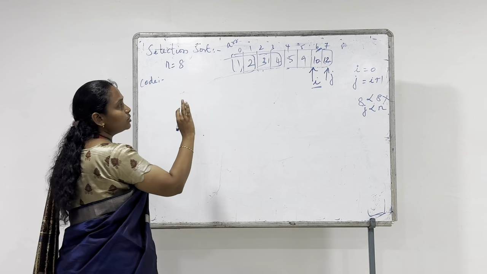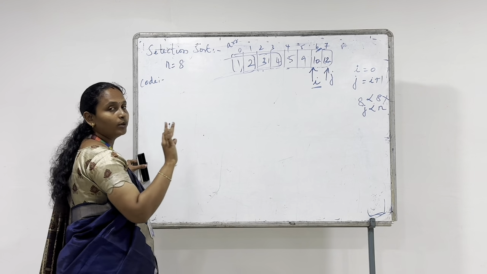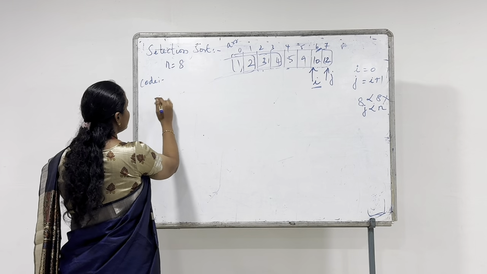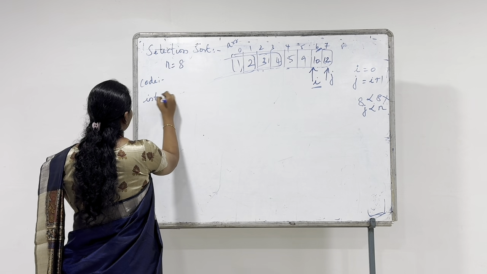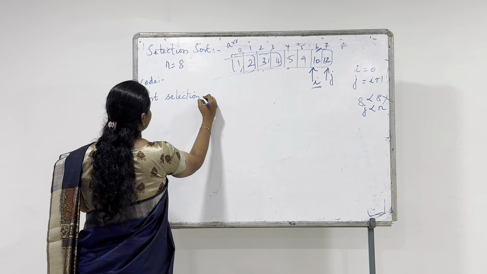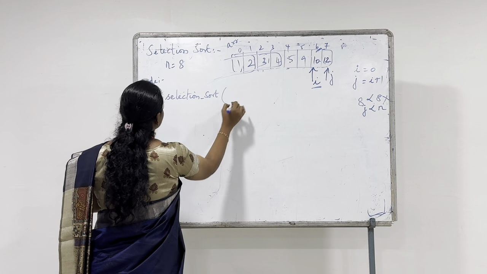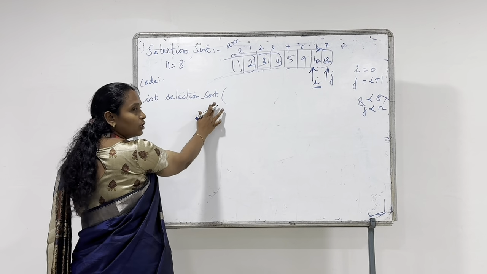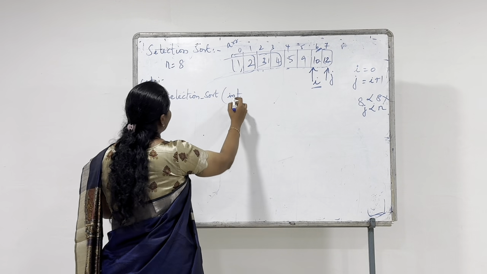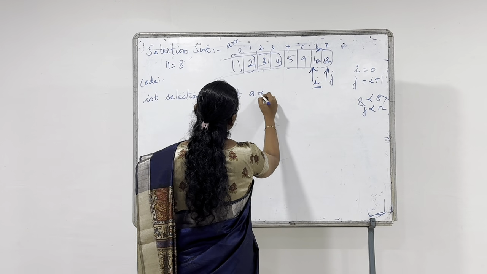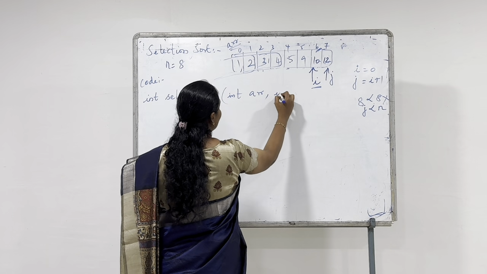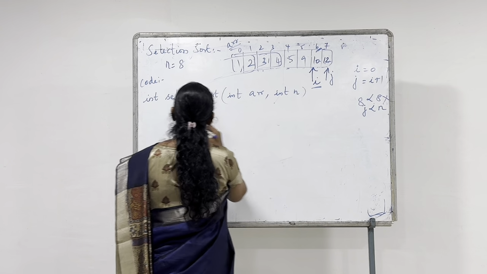I am not going to write the entire program. I am going to write only the selection sort function. Selection sort is the function name, and the parameters used here are the array, ARR, and the total number of elements in the array.